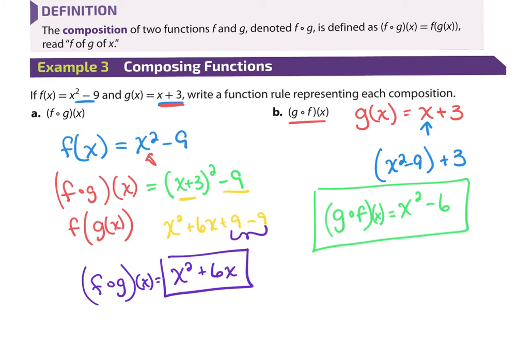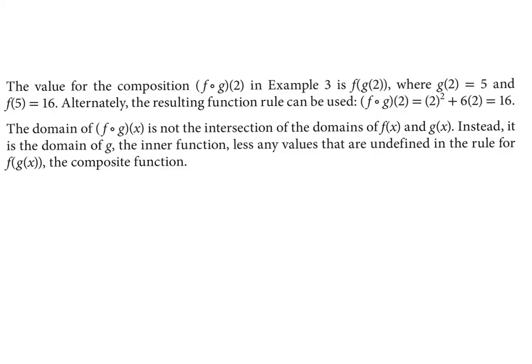All right? So they do talk about the domains, the value of the composition function, and you can do this with numbers. All right? So if they wanted f of g of a specific number, I would take that number and plug it in at the very end. Or you can plug it into g, plug that answer into f. There's multiple ways to do that.